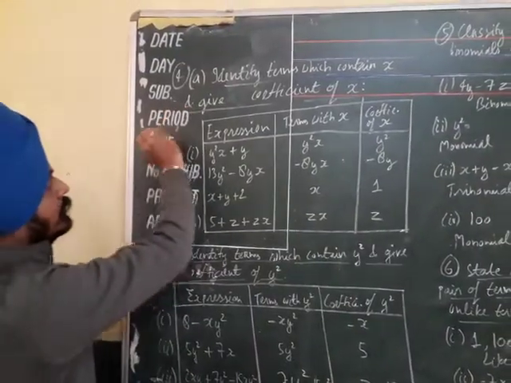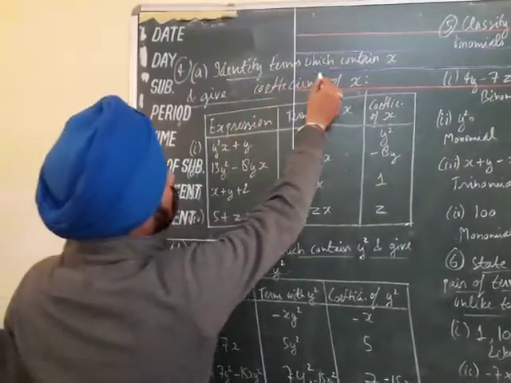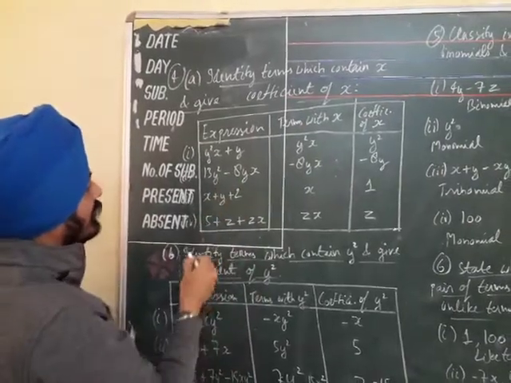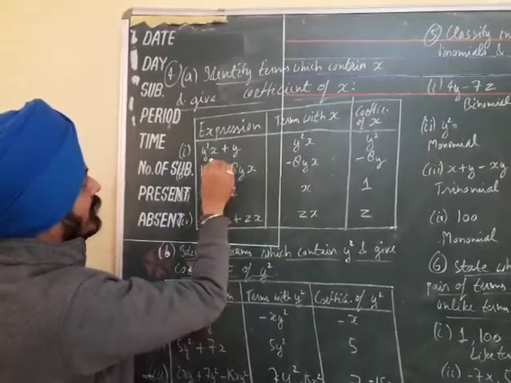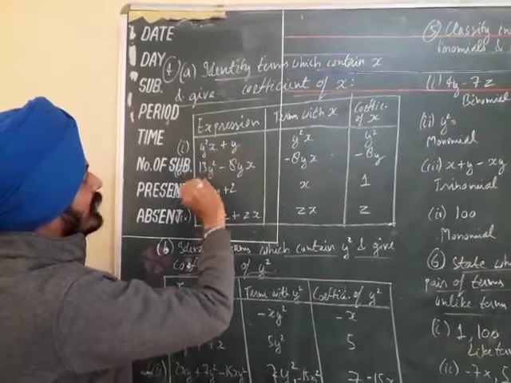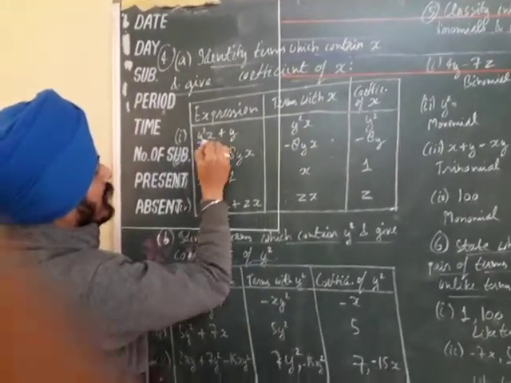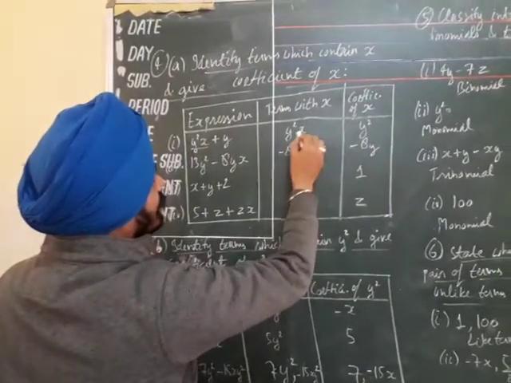Now students see fourth question, a part, identify terms which contain x and give the coefficient of x. In this question you can see I have made a table from the book. First expression is y square x plus y, and in this you have to tell the terms with x. So the term with x is y square x and the coefficient of x is y square.